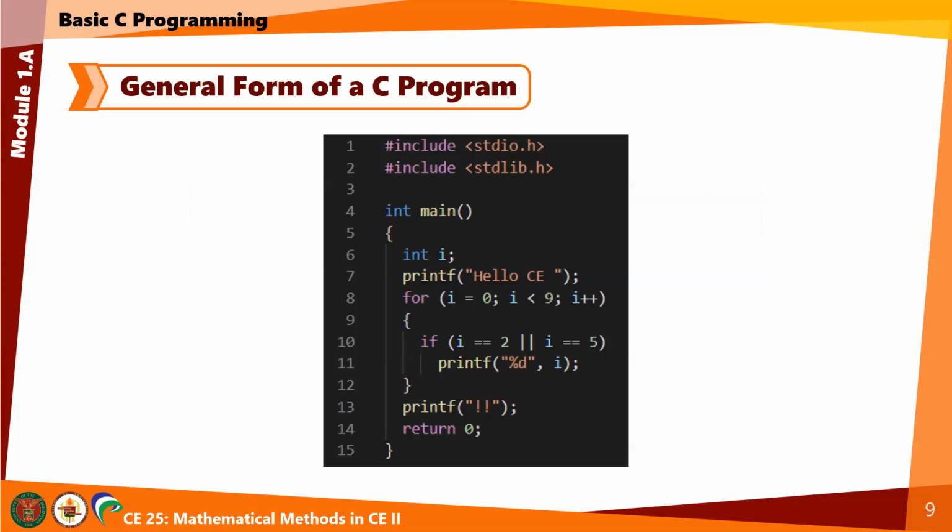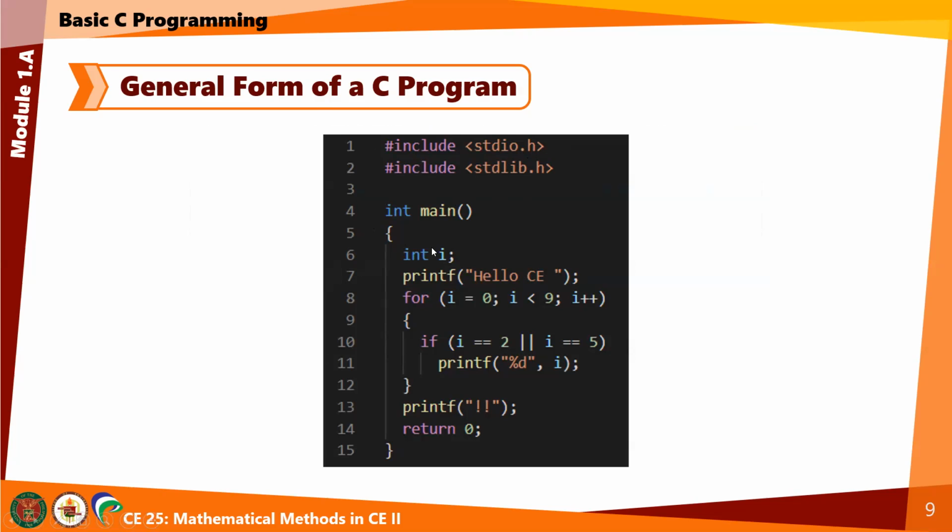Another way to print hello CE25 is this. Again, I include the preprocessor directives. Ayan. So include the header file stdio.h and the standard library. Again, I declare an integer i and I print "hello CE" with a space.